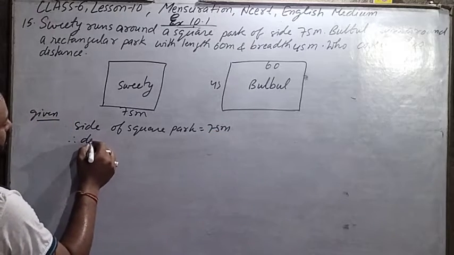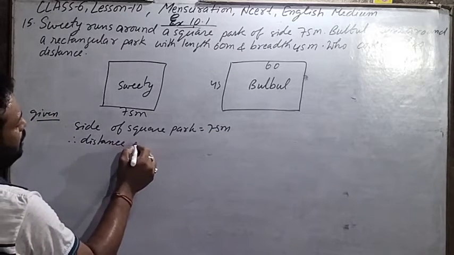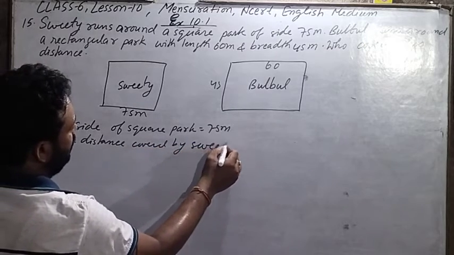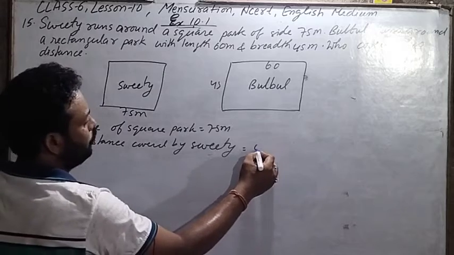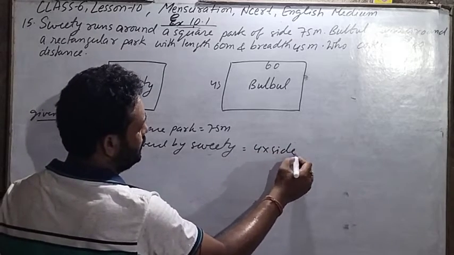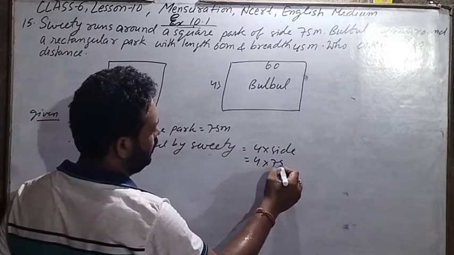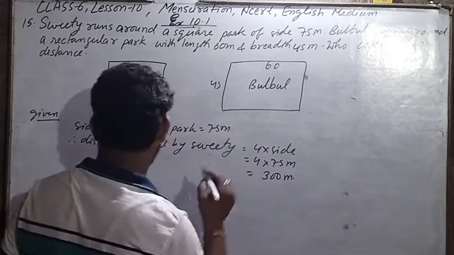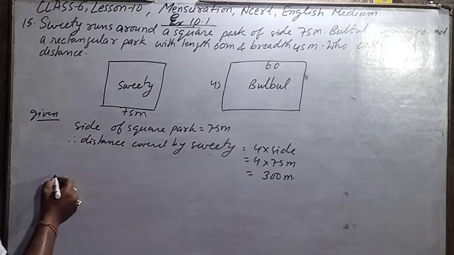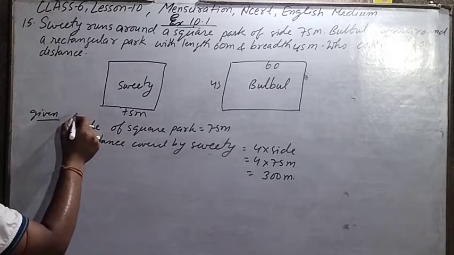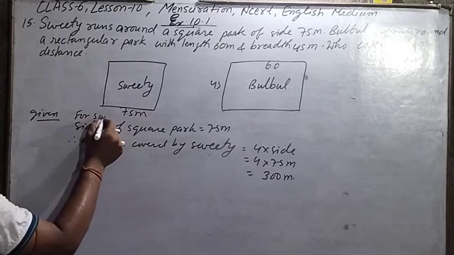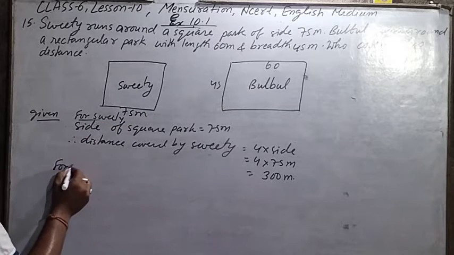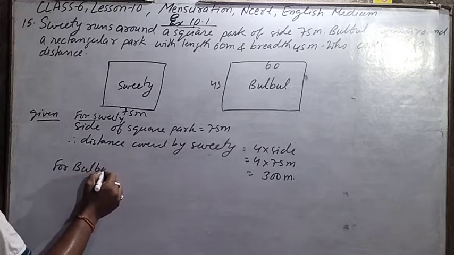Therefore distance covered by Sweetie will be equal to 4 into side, that is 4 into 75 meter, that is equal to 300 meter. This one is for Sweetie. Now you will write for Bulbul.